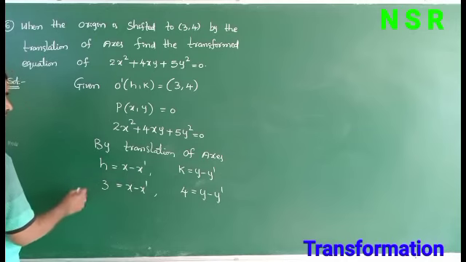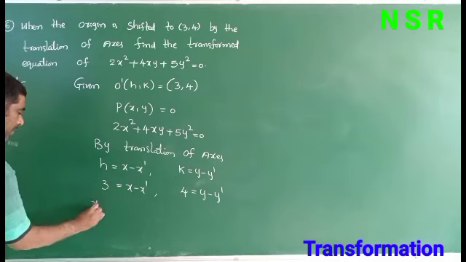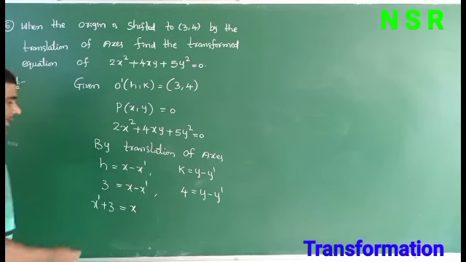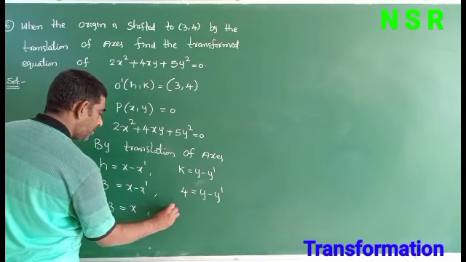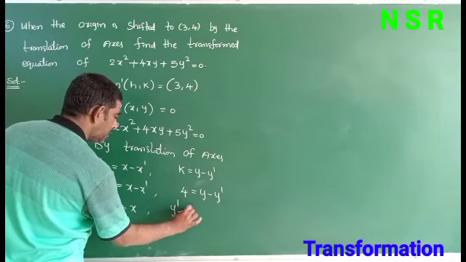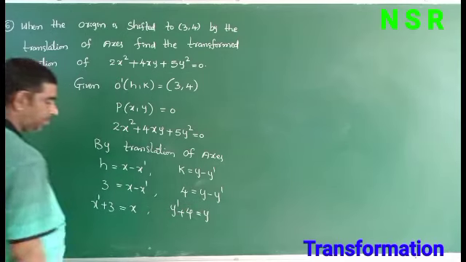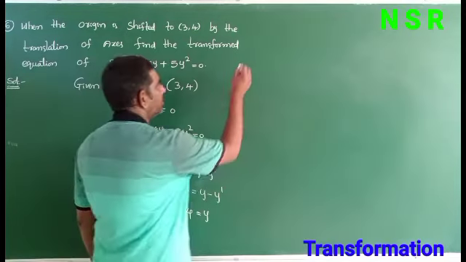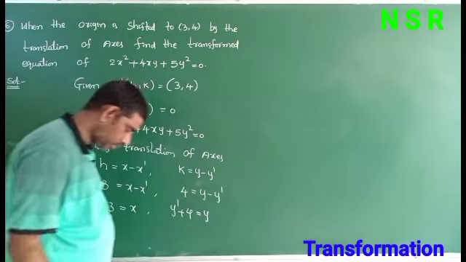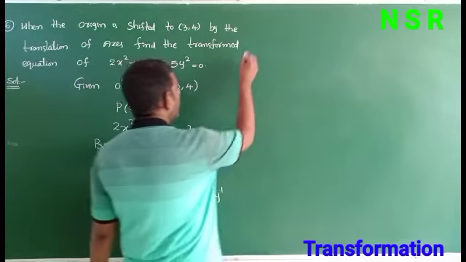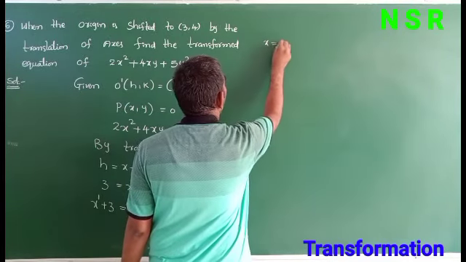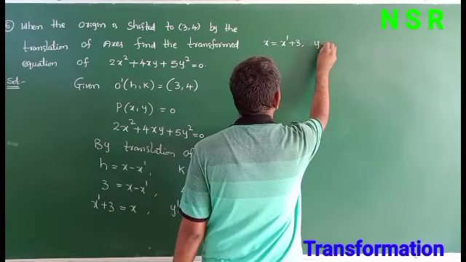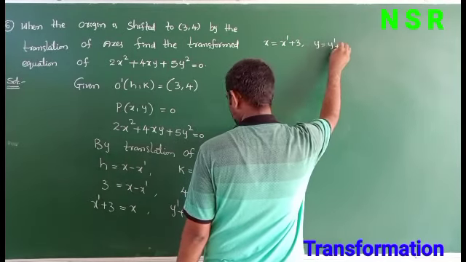So, now minus x dash, move this side, we get plus x dash. So, x dash plus 3 is equal to x and here y dash, move this side, y dash plus 4 is equal to y. So, we get x and y values. So, x is equal to x dash plus 3 and y is equal to y dash plus 4.